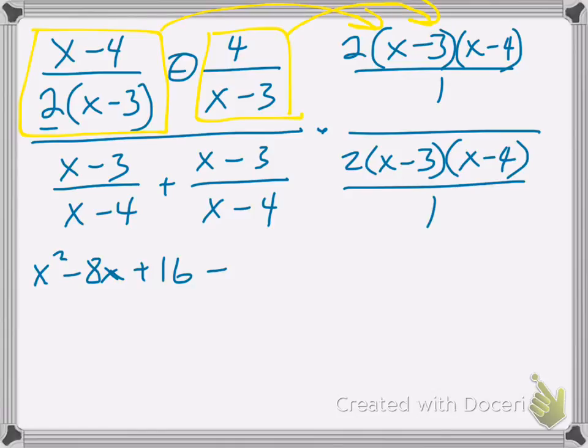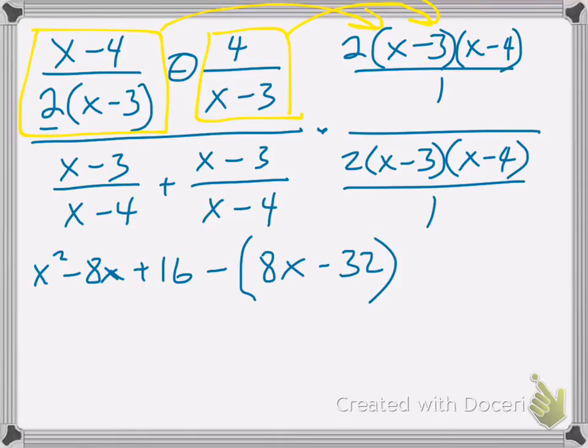And what's going to cancel when I multiply those two things? The x minus 3's will cancel, so I'm going to be left with 4, 2, and x minus 4. Right? 4 times 2 is 8, and 8 times x minus 4 is 8x minus 32.